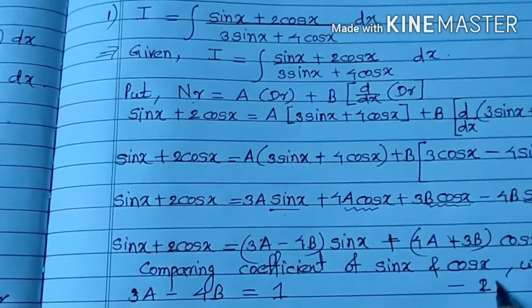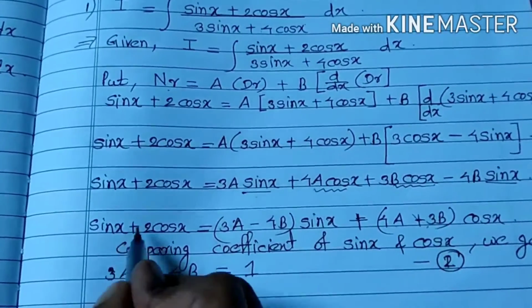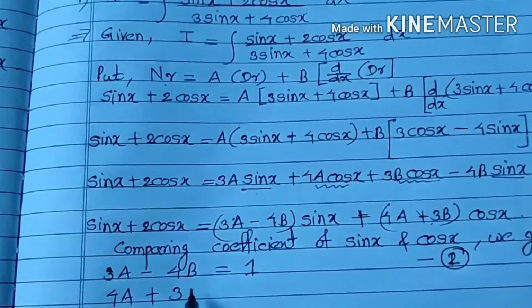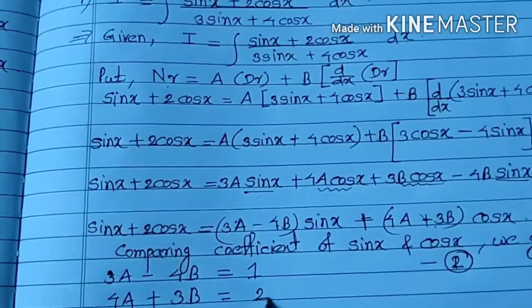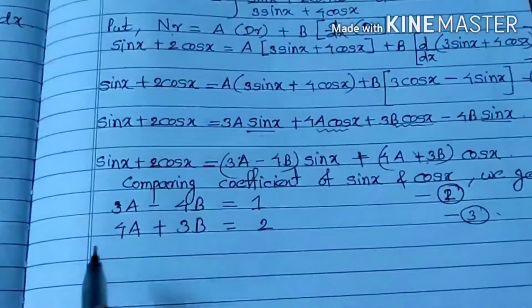Call it equation second. And here 4a plus 3b is equal to 2. So 4a plus 3b is equal to 2. Call it equation third. Now here we have to solve it.